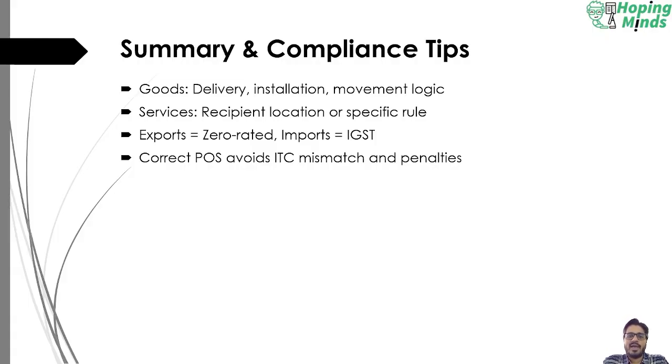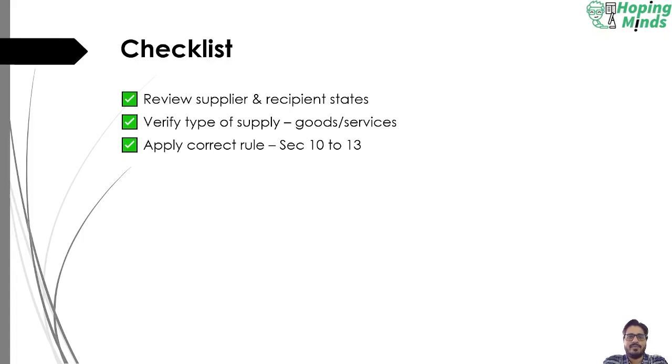Then we have to apply the correct place of supply rules to avoid ITC mismatch and penalties. So the final checklist: review supplier and recipient state, verify the type of supply, that is goods or services, and apply correct rule, that is section 10 to section 13.